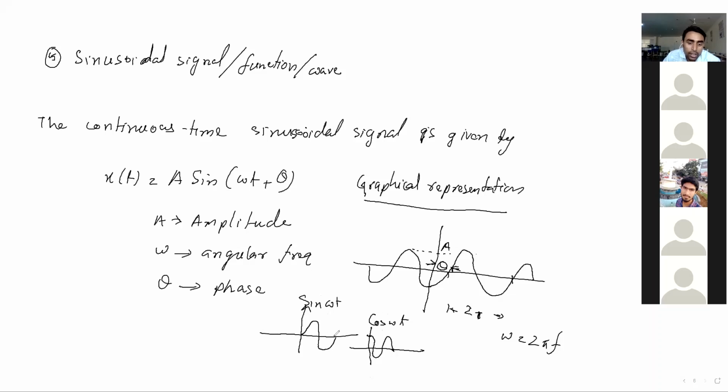I have said that if there is some difference from the y-axis to this point, it is called the phase. If you take this 0 as a reference point, the crossing of this axis is also the phase difference of this signal. Here it starts from 0, but its amplitude is high.